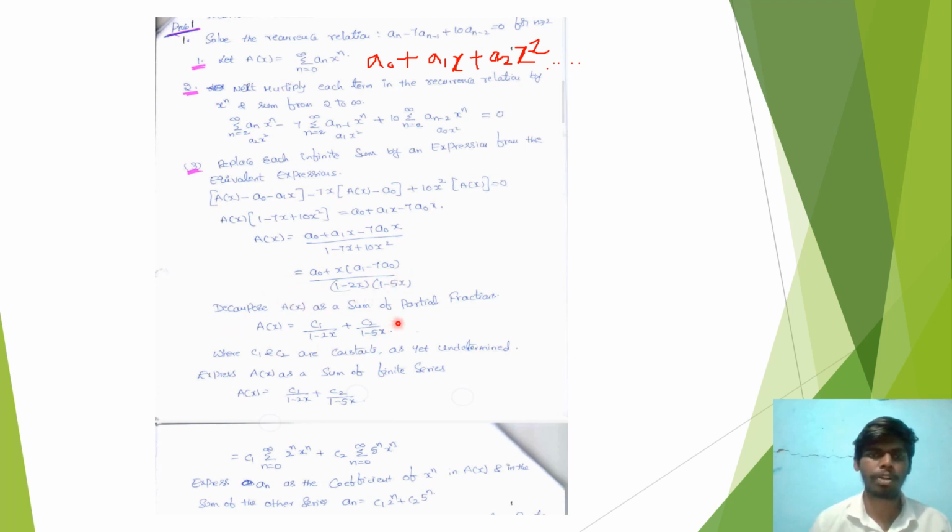So by solving the partial fractions, we'll get A(x) is equal to c1 by 1 minus 2x plus c2 by 1 minus 5x, where c1 and c2 are constants.